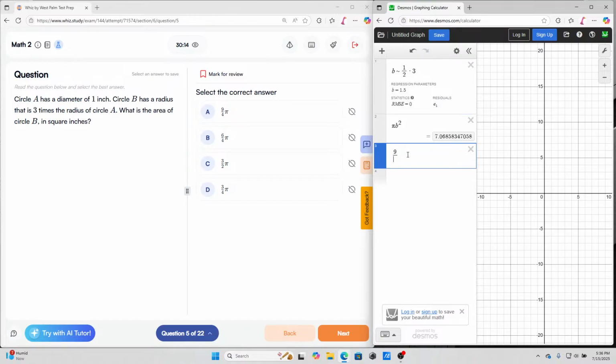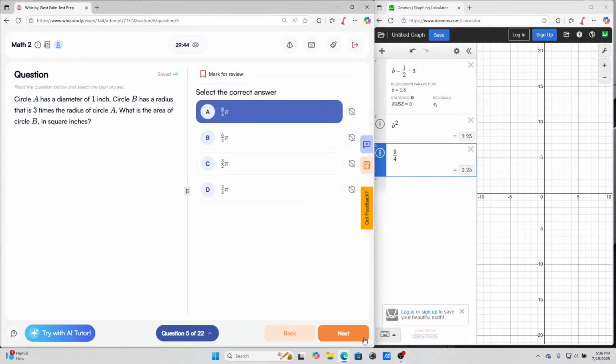Oh wait, we can just get rid of this pi here. 2.25. Yeah, there we go.